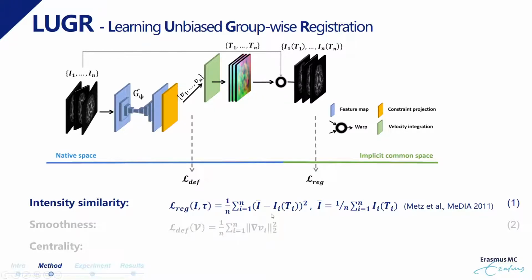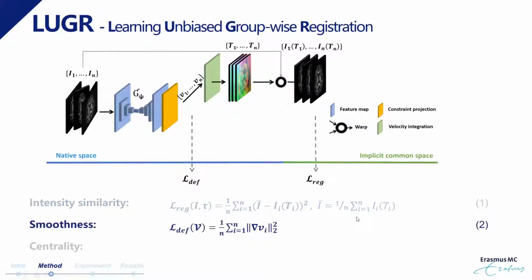Equation 1 is formulated following the approach of MATES, in which the average image of the registered group can be considered as an implicit reference image or a template image of the group. Subsequently, to encourage smooth deformation, we include a diffusion regularization term on the estimated velocity field, which has been widely used in literature.